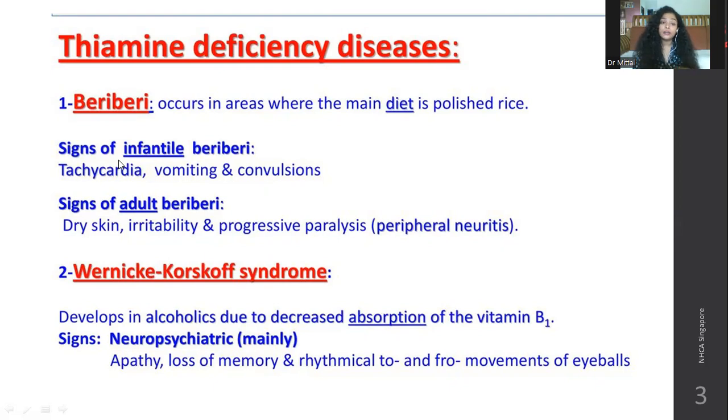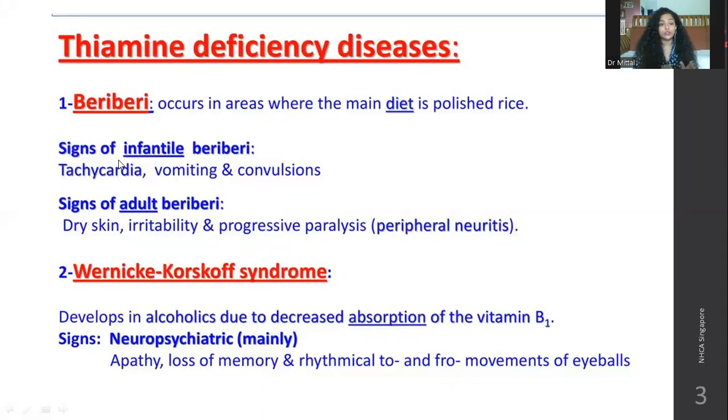It happens when the mother herself is deficient in vitamin B complex. Those who are from the previous classes, or the students who are still attending the classes, would know vitamin B complex is a nutrient that is transferred from the lactating mother's present nutrition to the child who is being breastfed.